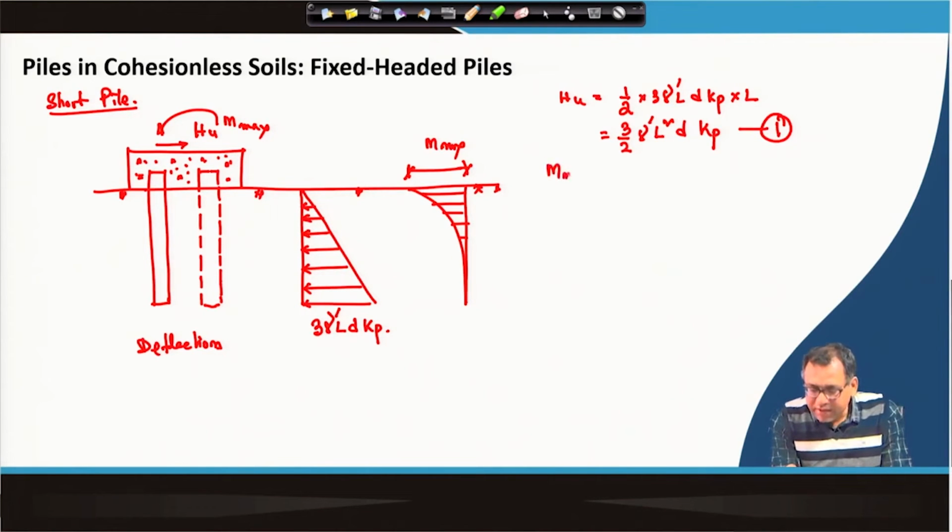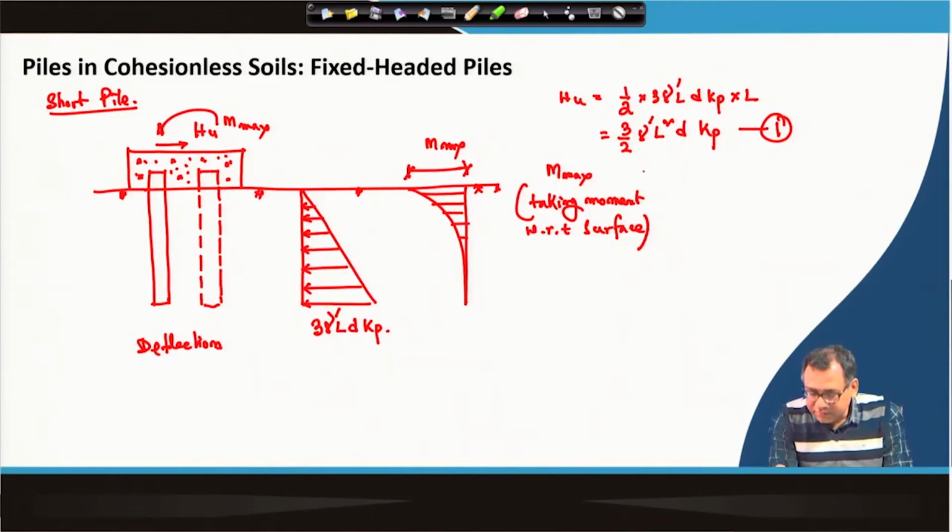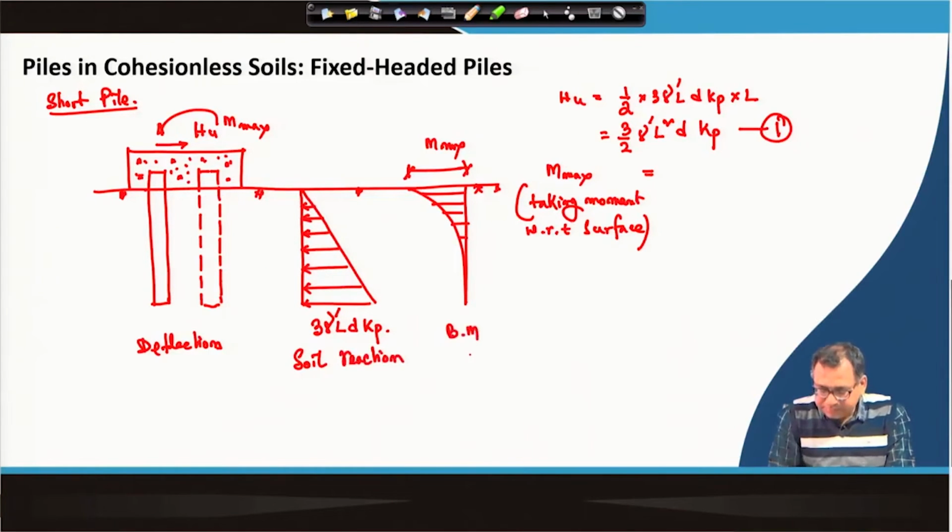And M max, if I take the moment with respect to the surface, and that is why this Hu contribution we will not consider, because Hu is also acting at the surface. So, M max will be this total passive soil reaction contribution, and this is the bending moment.